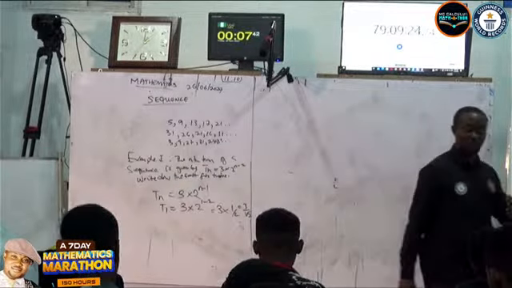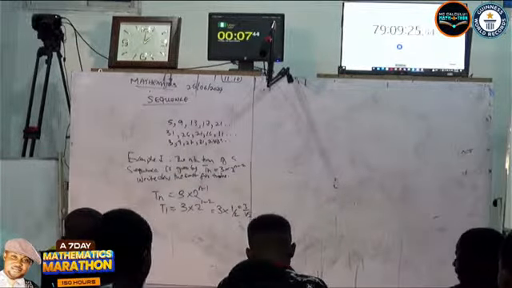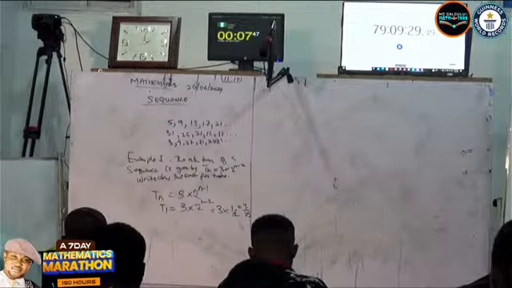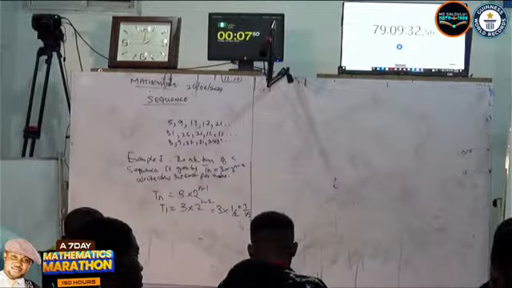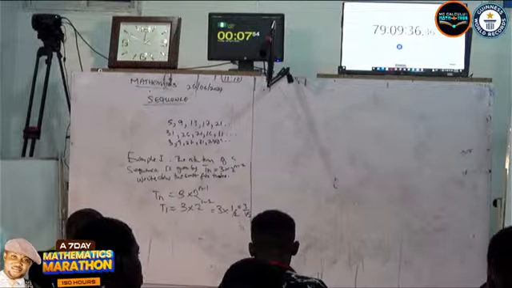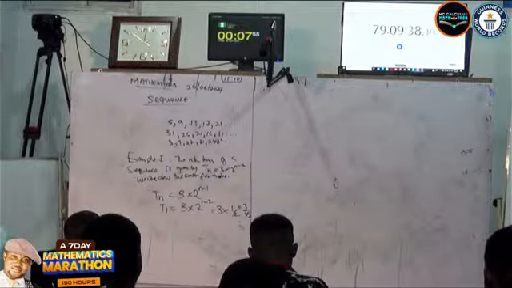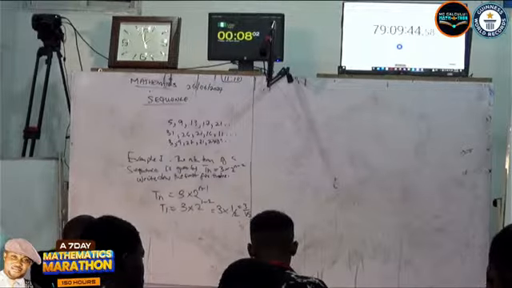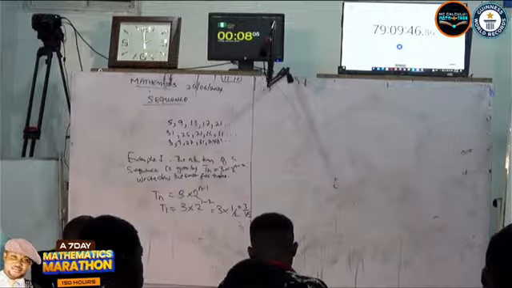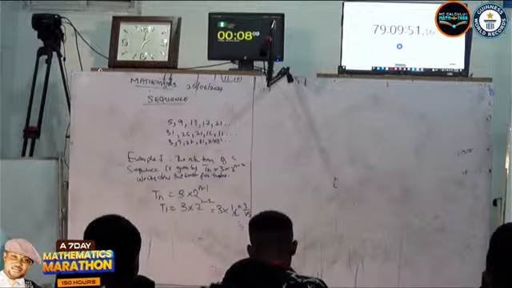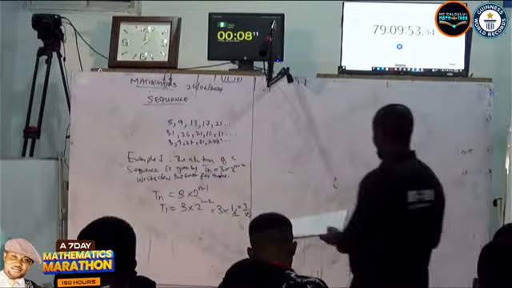Look at what I want you to do for me. The nth term of a sequence is denoted by that. Write out the first 5 terms. I want to write T1 for you. Wherever you see n in that question, first you put 1. The formula is n minus 2.